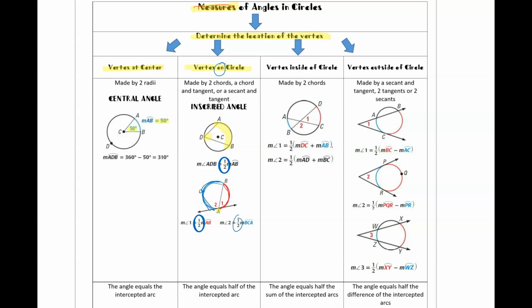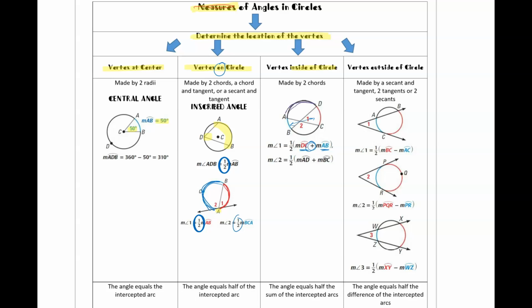Now, the vertex inside the circle, again, I like how this one is color-coded. I need you to look for 1. Angle 1 is going to be 1/2 of them added, so arc DC and arc AB. Now, really, if you find angle 1, you don't need 2, but 2 is also behaving in the same way.